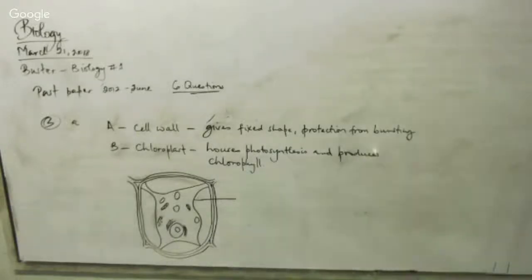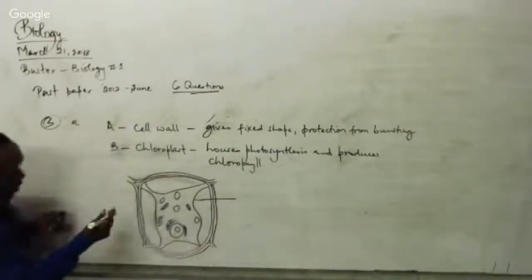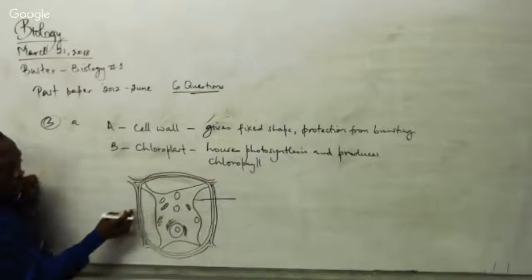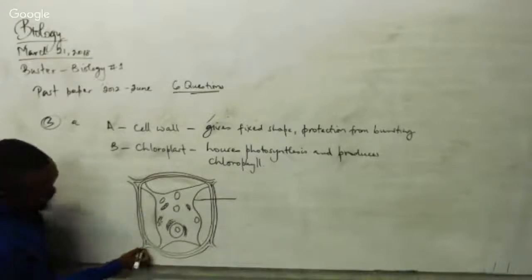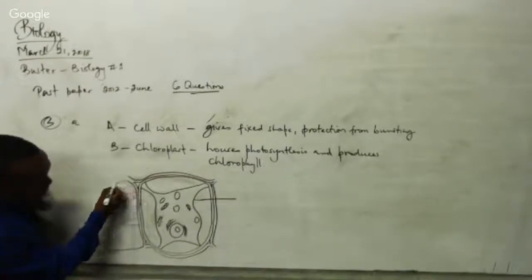But this is a triple line, right? Because here by the cell, it's two cell walls there. Let me show you. You see this triple line? It's showing 2 cells. So look, this is the next cell.